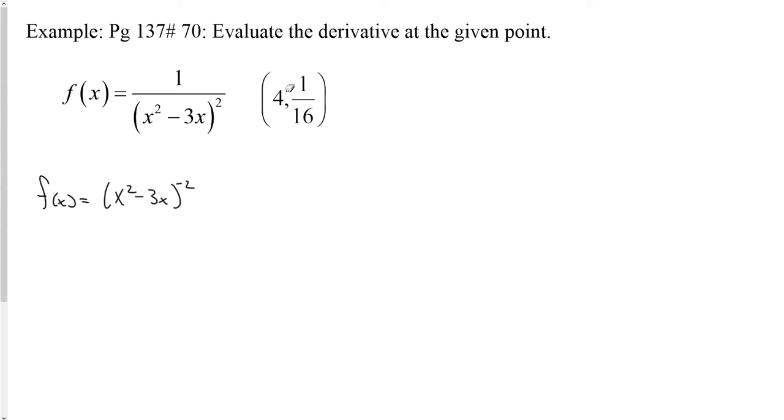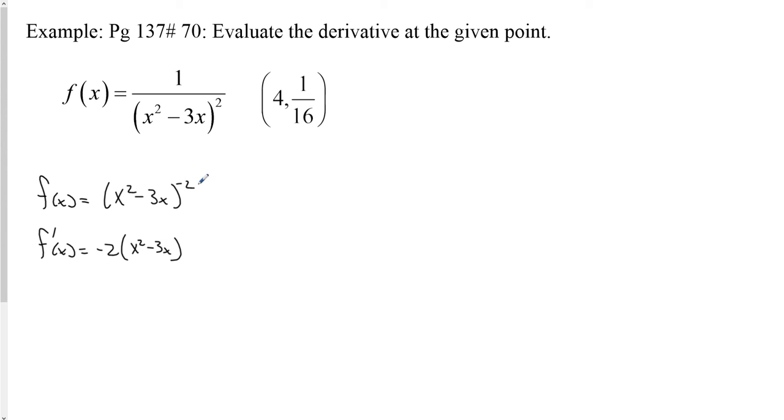So in this particular instance, since they want the value of the derivative, my suggestion to you would be to just find the derivative to a point where it's usable to you and then plug in. So if I'm doing this derivative using the general power rule, I'm going to say that f prime of x is, I bring that negative 2 down front, I leave the inner function alone, and then I reduce this by 1.